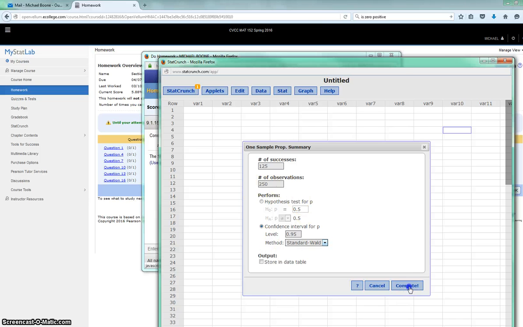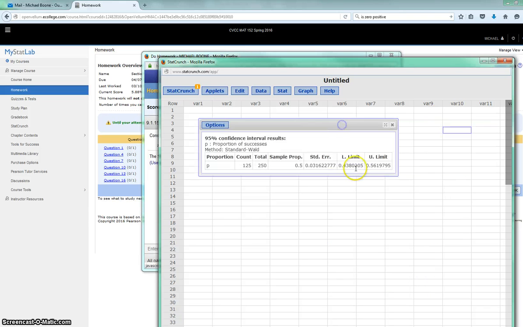Once I do this, bam, I get a lower limit and an upper limit. It does all the calculations that we need. We know that the sample proportion is 0.5, and that just comes from 125 divided by 250. That's our p hat, successes over total sampled. And then the formula is p hat plus or minus a margin of error. So 0.5 plus a number, and 0.5 minus a number gives me the lower limit.